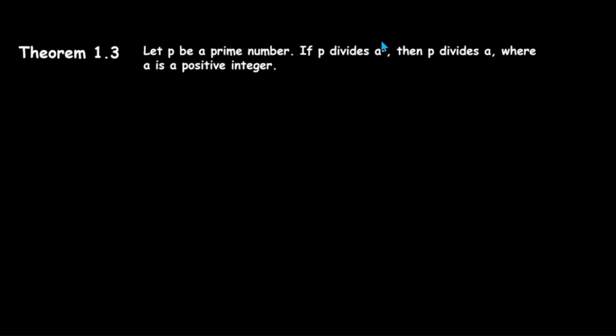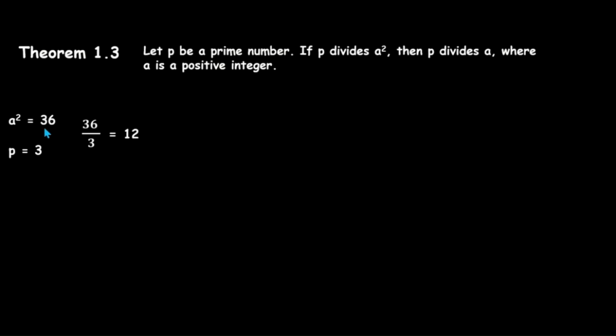So let us pick up some square number a square, and some prime number p which can divide the square number. So let's pick up our a square as 36 and the prime number p as 3, which can divide the square number 36. So 3 can divide 36 and we get 12 as the quotient and 0 as the remainder.